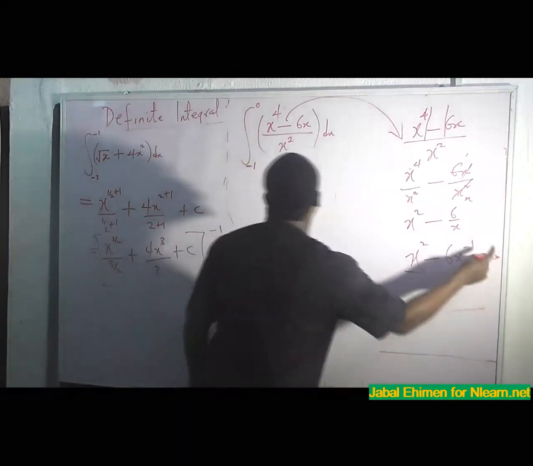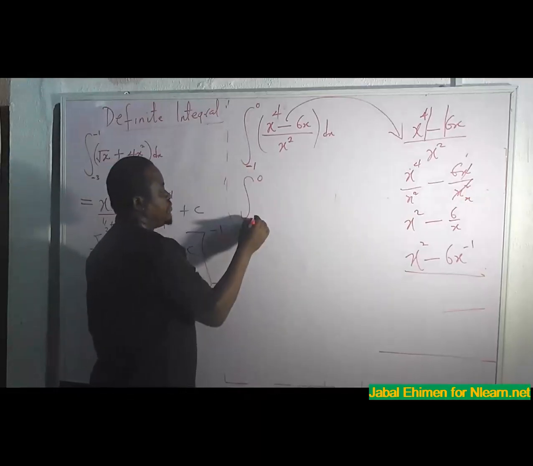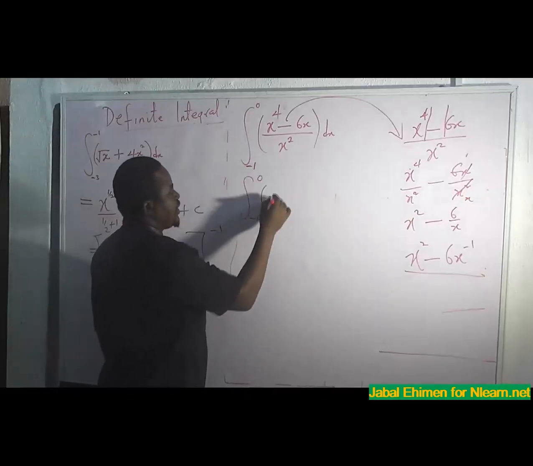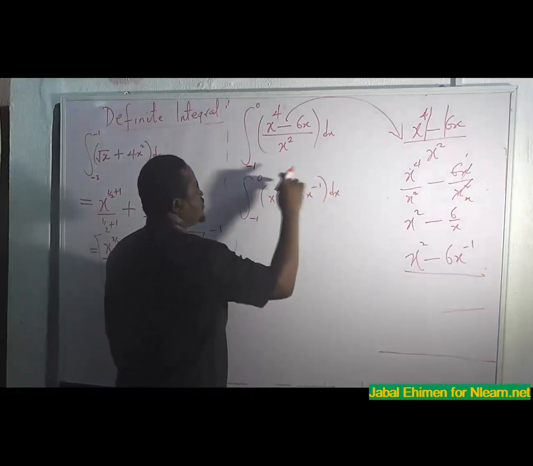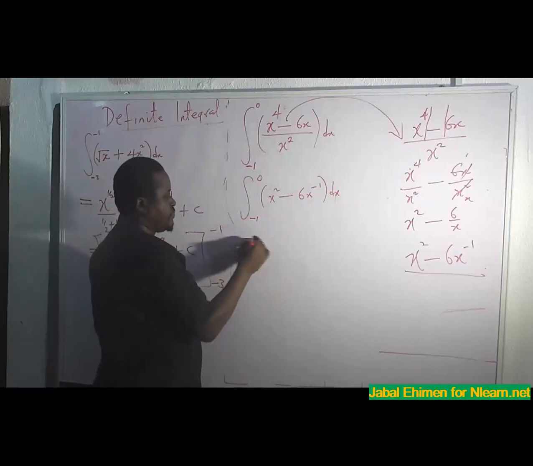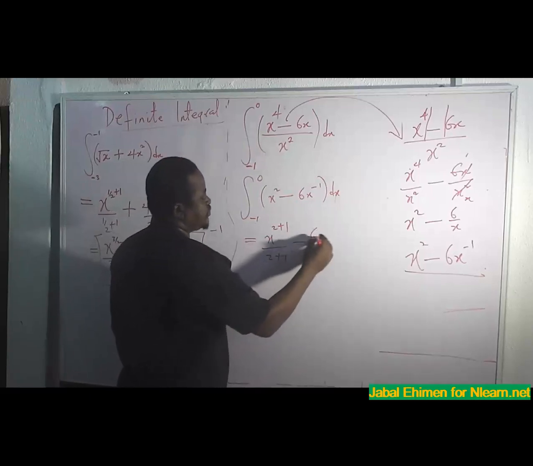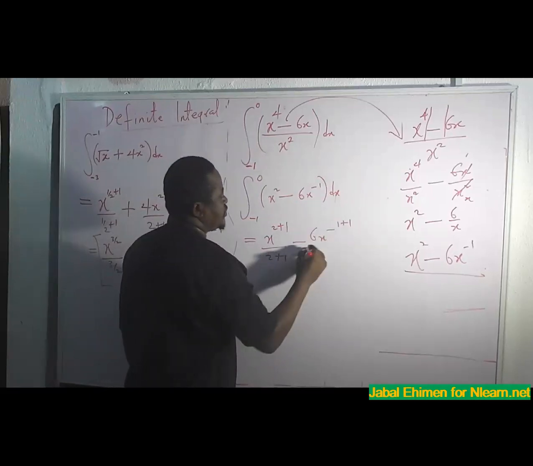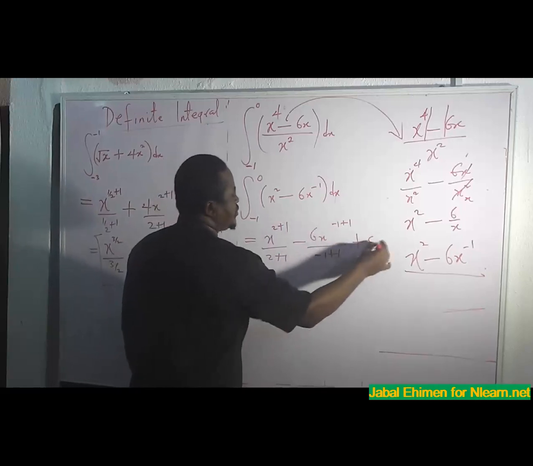So this is the expression. Now let's pick this out from here. So that becomes the integral from minus 1 to 0. What again do you have there? x squared minus 6x raised to power minus 1, dx. So if you integrate them, you have x to the 2 plus 1 over 2 plus 1, minus 6x to the minus 1 plus 1 over minus 1 plus 1, plus c.